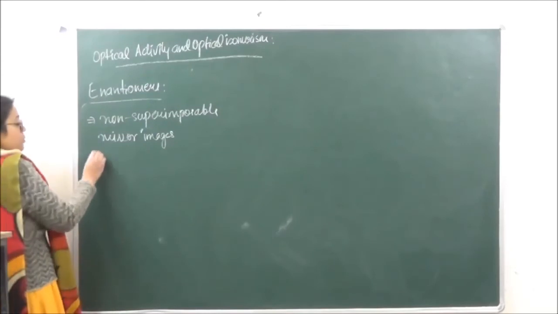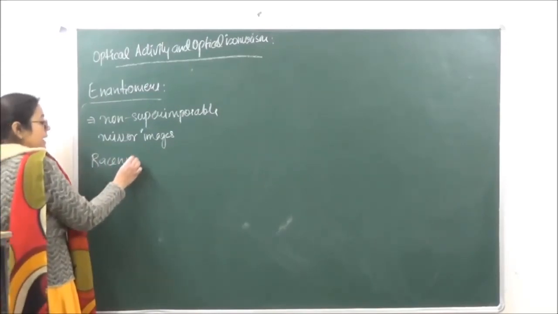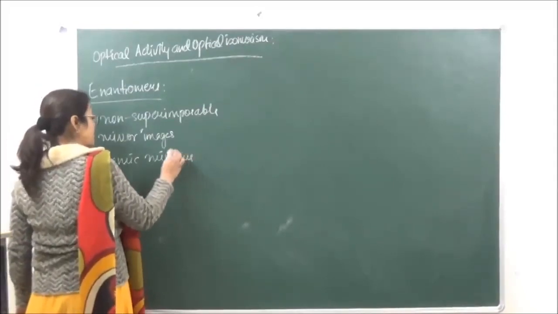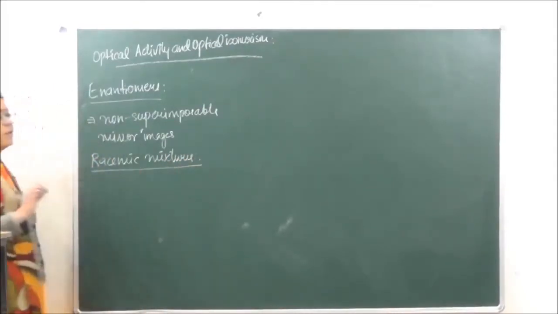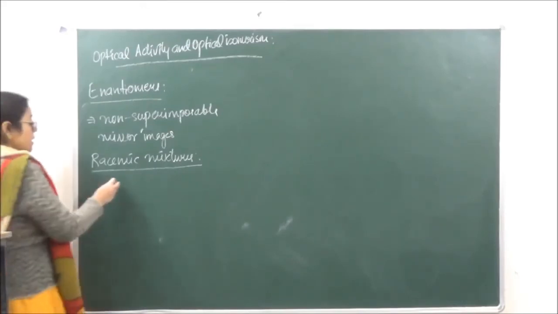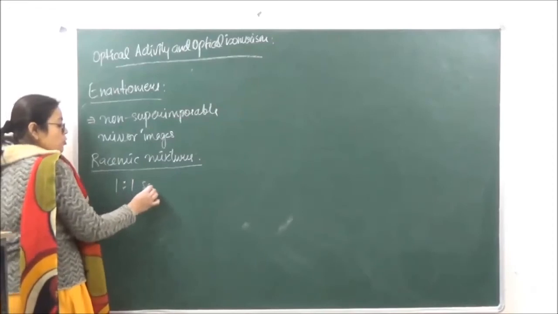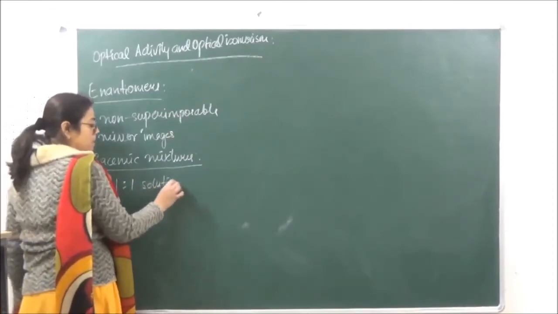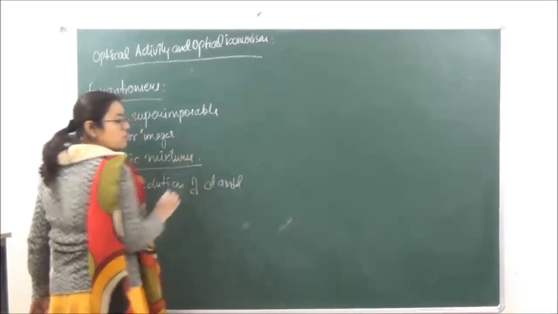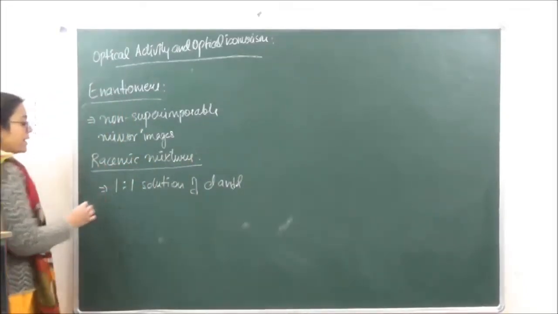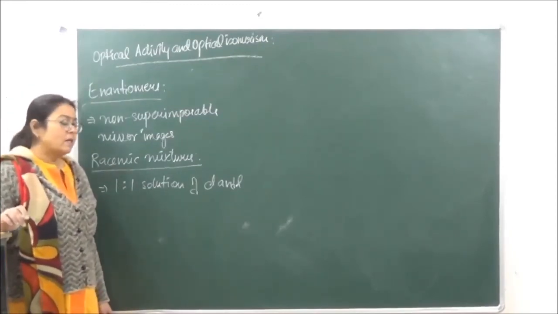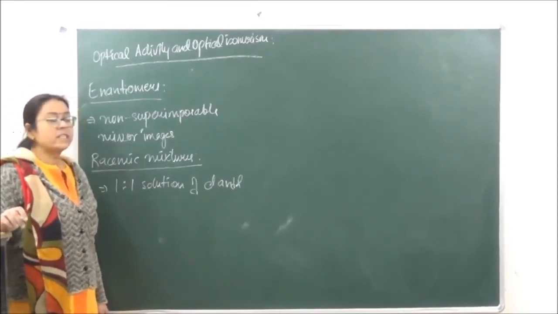Then the next term which we have is racemic mixtures. Now what do we understand by racemic mixture? A 1:1 solution of D and L configurations. 1:1, that is, we have 50% of D and we have 50% of L. So that is known as a racemic mixture.